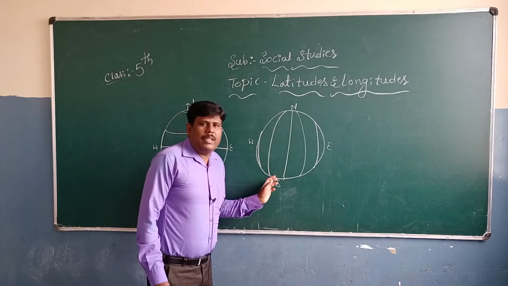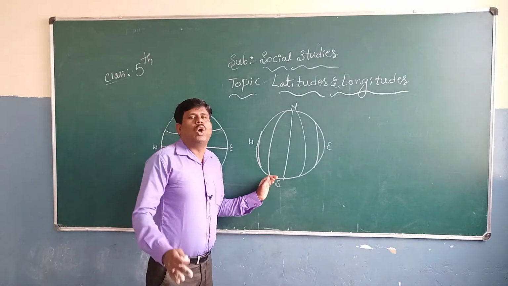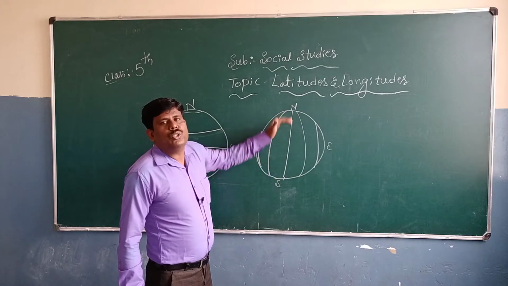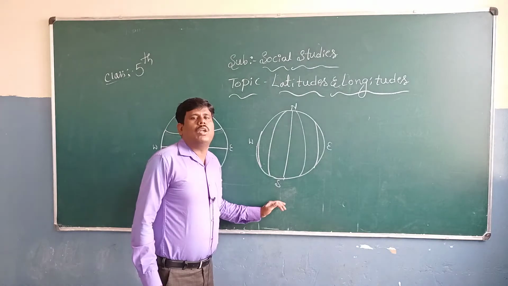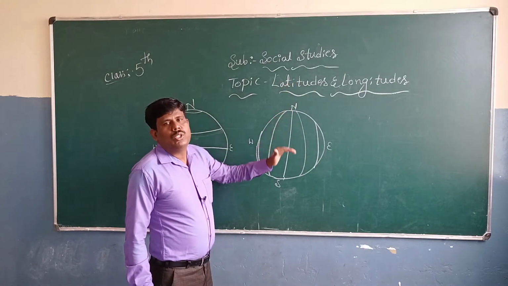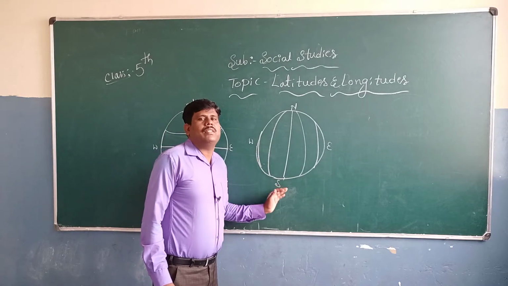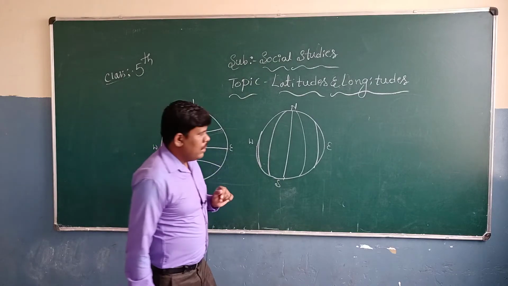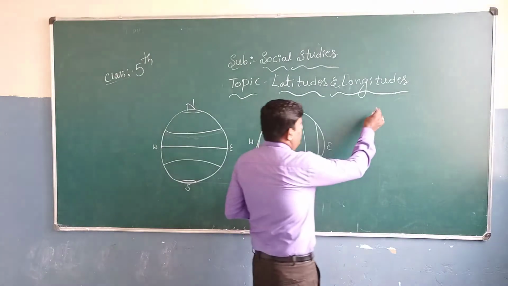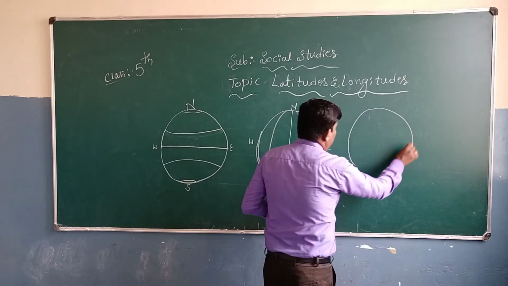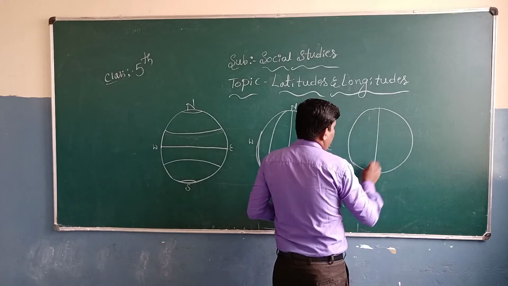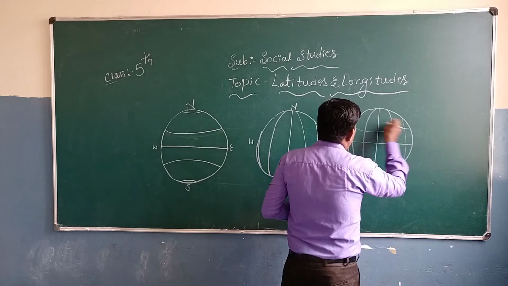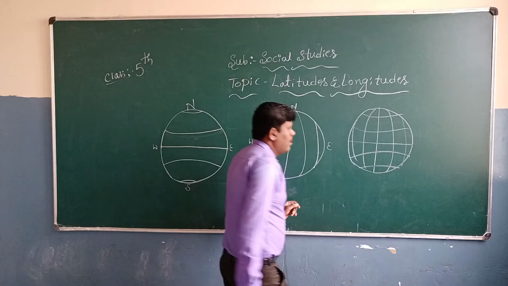Longitude, the imaginary lines drawn on a globe or a map from north to south, are called longitudes. Right. Next one, grid system.